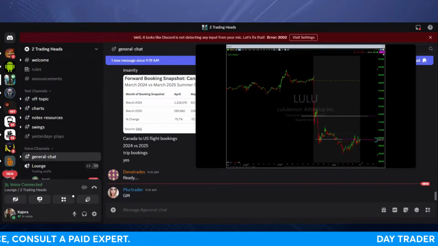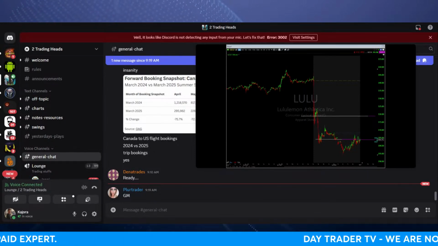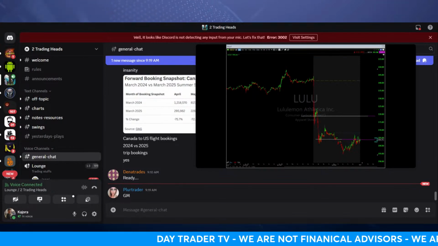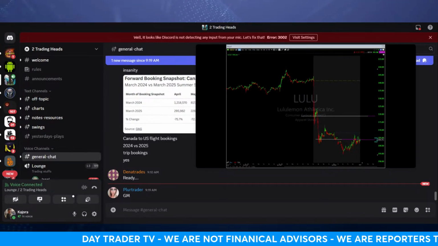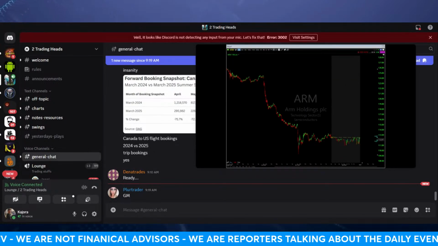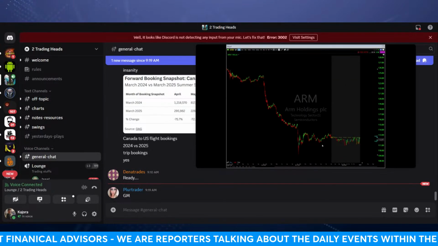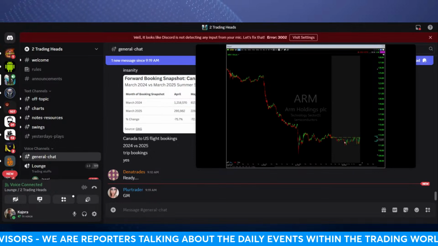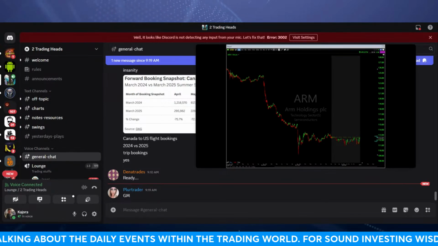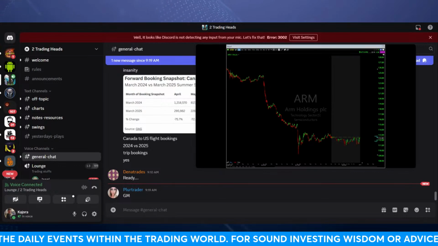What else? Let's see. ARM. What is ARM doing? Oh, just the same, just like AMD, right? Beautiful flag on it, sitting at resistance right now.